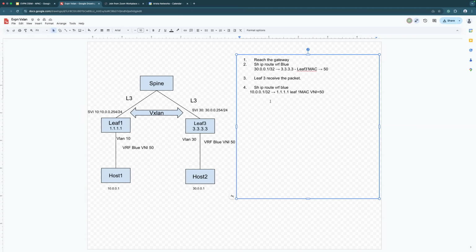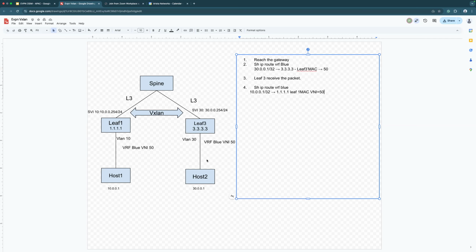So the idea here is that in EVPN VXLAN, to achieve L3, it is not necessary that SVI 30 and SVI 10 are present on all the VTEPs. With the help of this VNI, or the dynamic VLAN, we are achieving the communication between host 1 and host 2, the unicast flows.